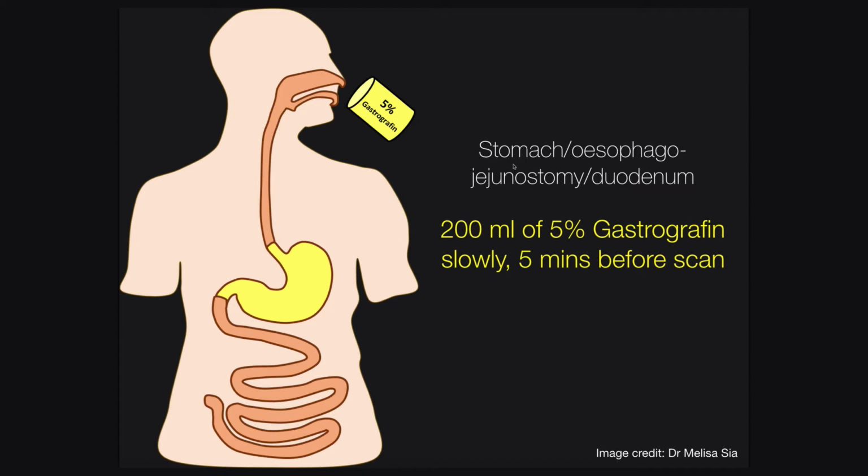So if you're interrogating the stomach, or an esophagojejunostomy, so where the stomach has been removed and the jejunum has been plumbed onto the esophagus, or the duodenum, so essentially the upper part of the abdominal portion of the GI tract, then you give 200 ml of 5% gastrografin 5 minutes before the scan. So it's a slightly greater volume, slightly longer time point.